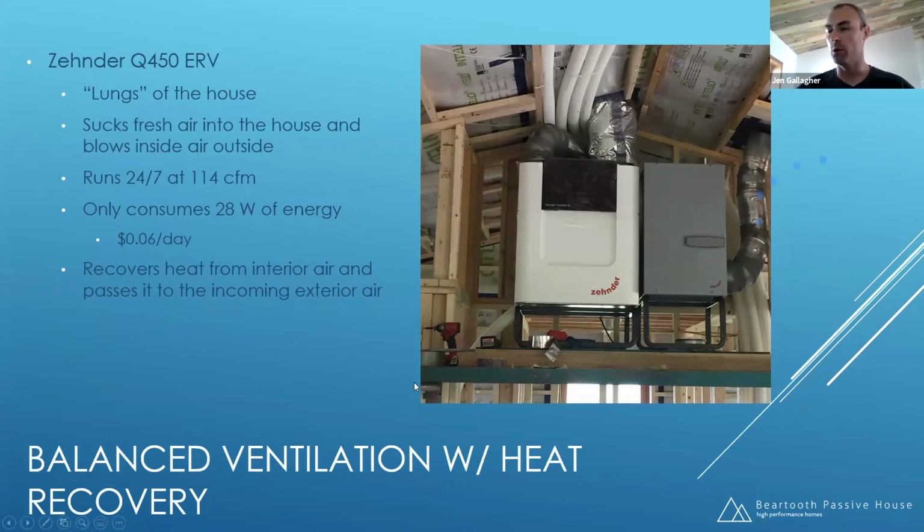You have to be able to ventilate that, because if you don't, you're going to have issues from a moisture perspective, because everyone lives inside and most people take showers inside and most people cook inside and most people breathe when they're inside. And when you do all those things, you release a lot of moisture. And if you have a house that is really, really airtight, that moisture isn't going to go anywhere. In a normal leaky house, it just naturally leaks out and is replaced by less humid air from the outside.